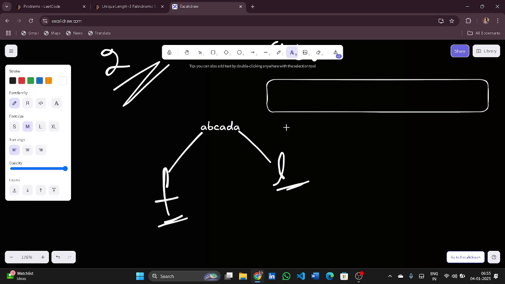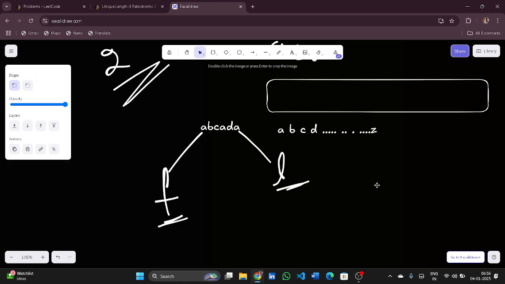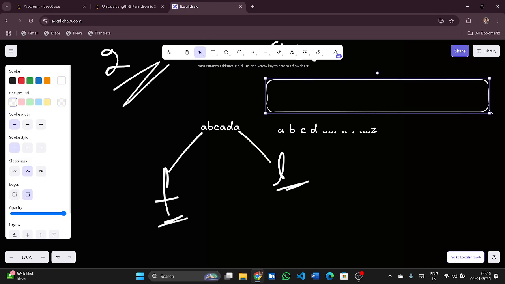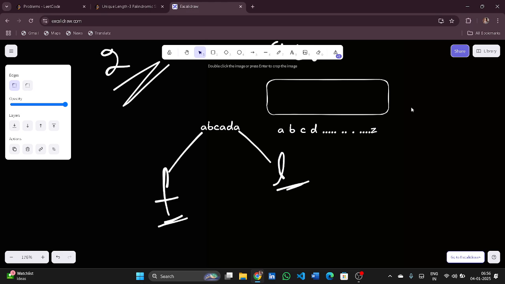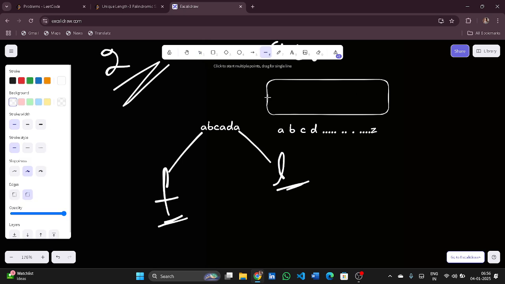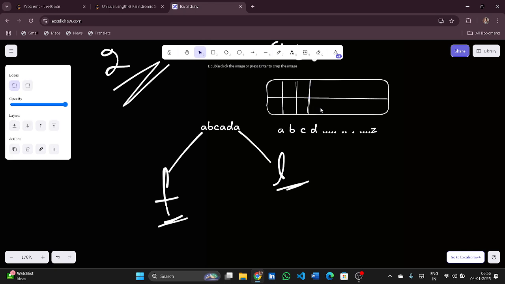There will be only 26 characters, so I'll be storing from A till Z. The size of this will be just 26, and here you store the first and also the last occurrence, for each character from A to Z.